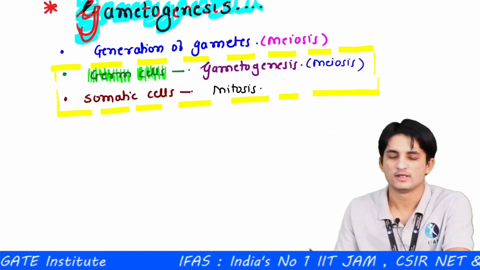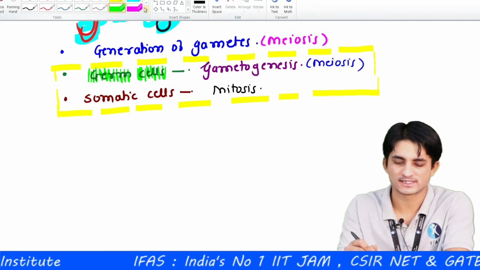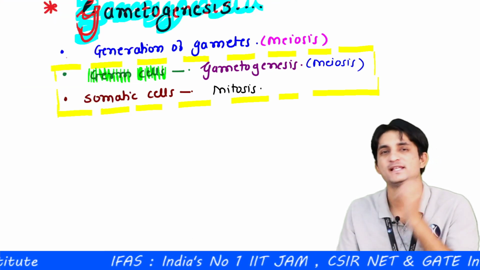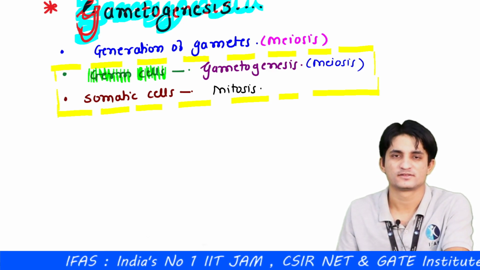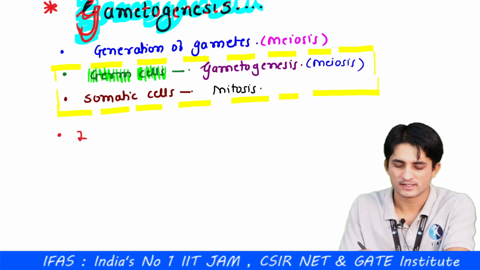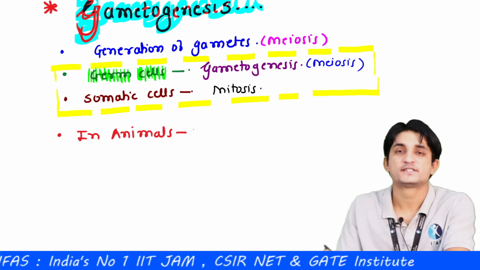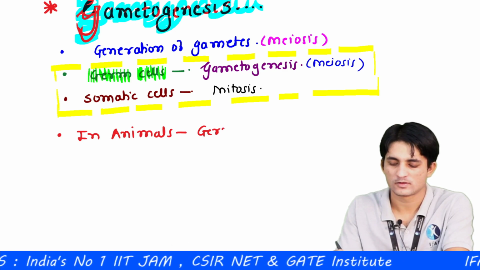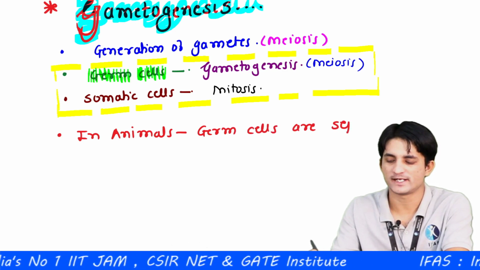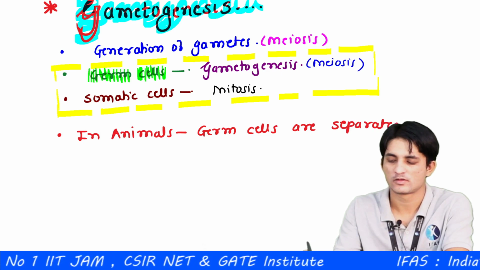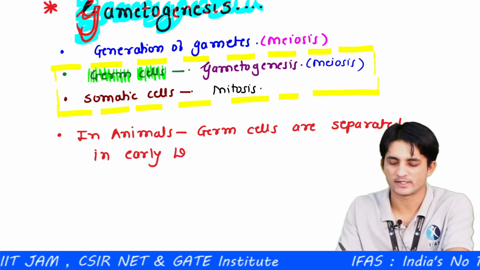Now how does gametogenesis occur? In animals and plants, the germ cell recruitment or separation is different. So as compared to plants, in animals germ cells are separated in early development.